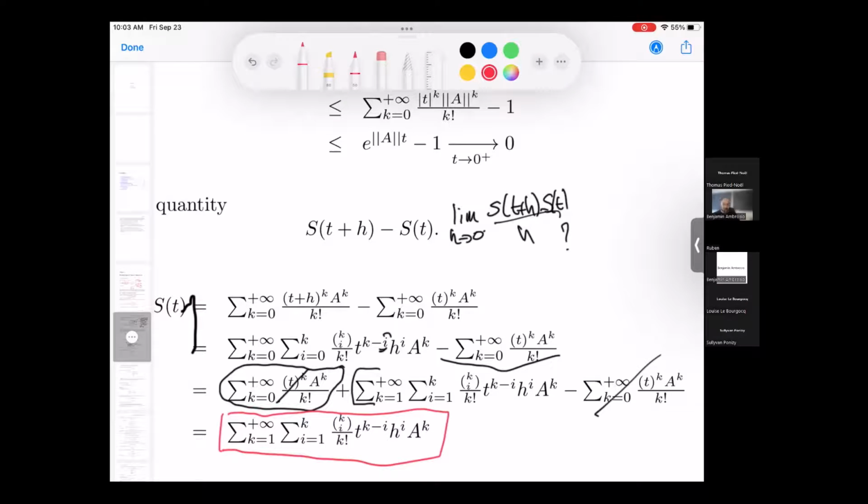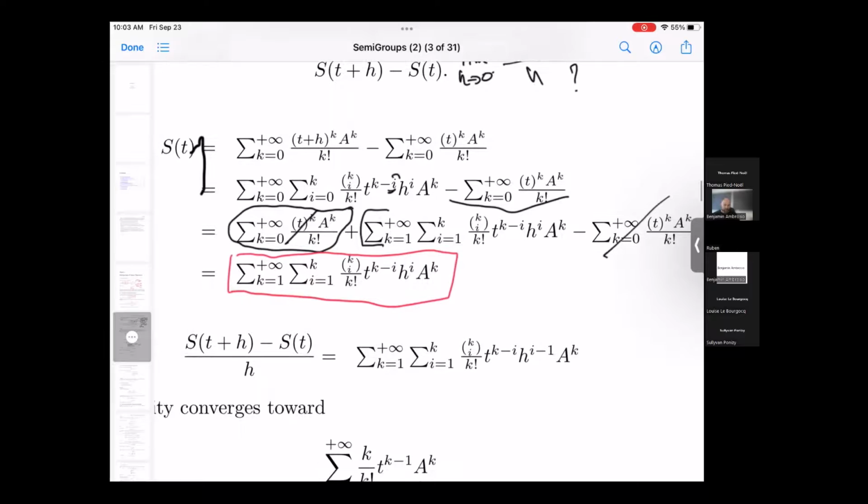Since I have powers of h, a lot of terms will go to 0. In fact, all of the terms but the one which has the power 0 in h. So let's do that.